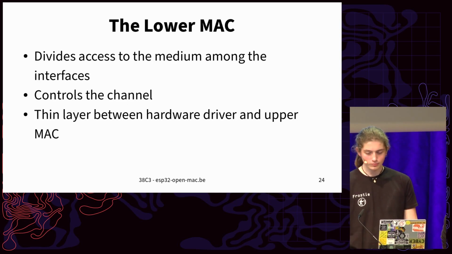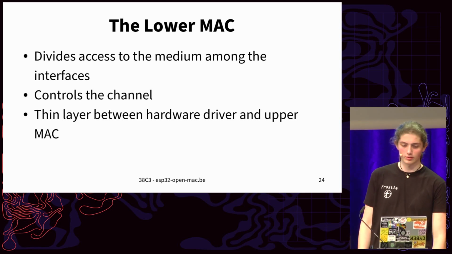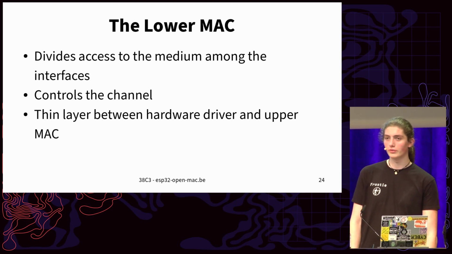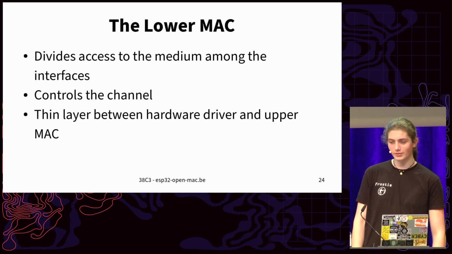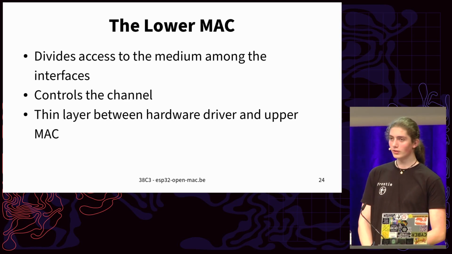And a large part of FOA that's generic between all interfaces is the lower MAC, or shorthand term LMAC. The term is directly stolen from the proprietary stack because it's thrown around there a lot. And its job is to divide access to the medium between the interfaces.